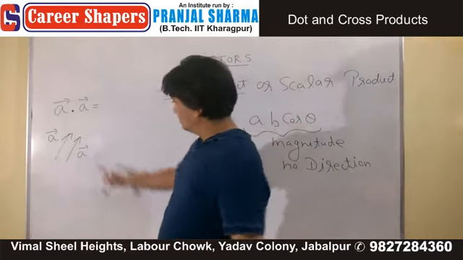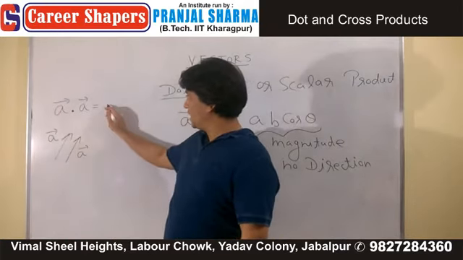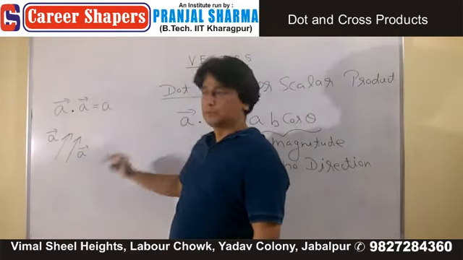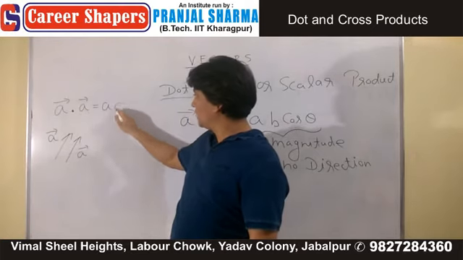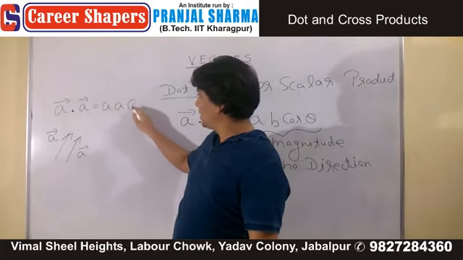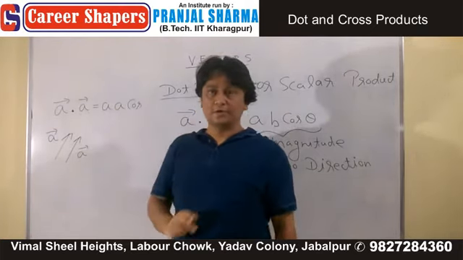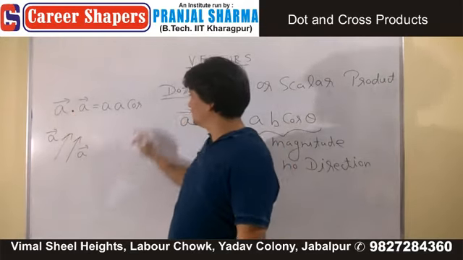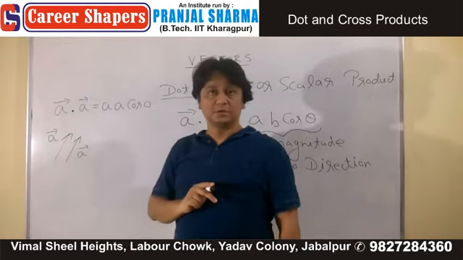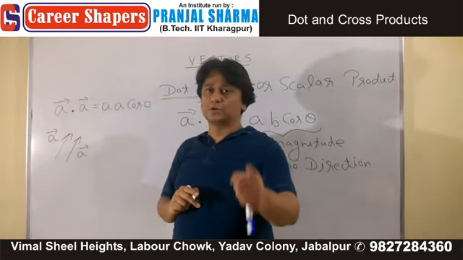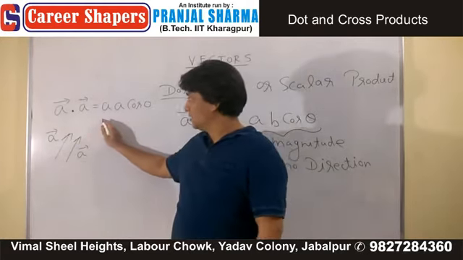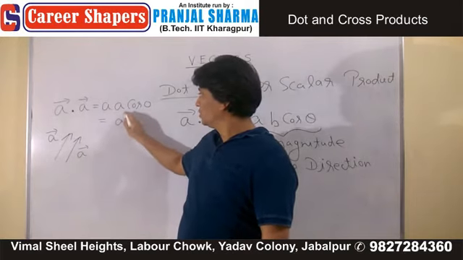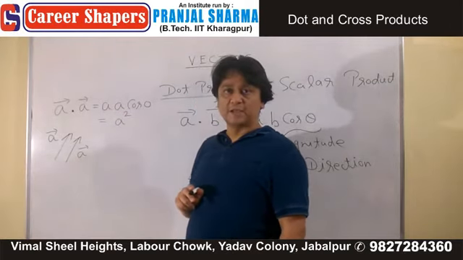So, magnitude of A multiplied by magnitude of A, multiplied by cos of the angle between these two vectors, which is 0. And what is cos 0? 1. So this gives you A square.